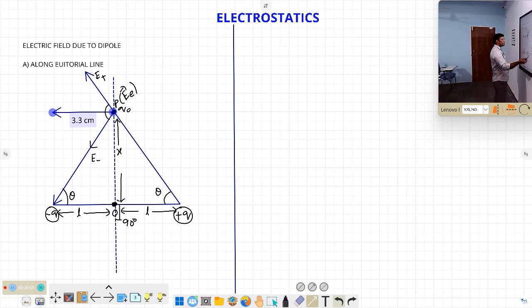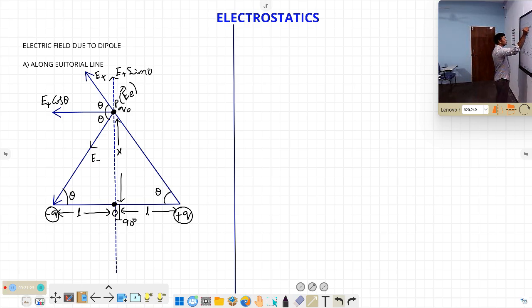Now to explain this, the dipole line and the line joining the point make the same angle. It makes theta here, and here also it makes an angle theta. So resolve E plus and E minus into components. E plus gives one component, E plus cos theta, and a second component along the vertical direction, E plus sin theta.